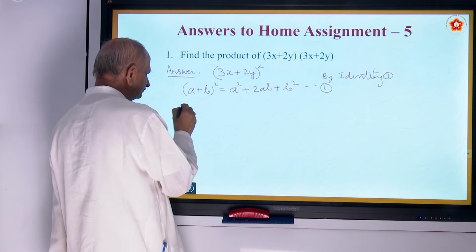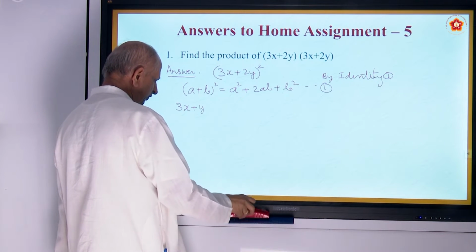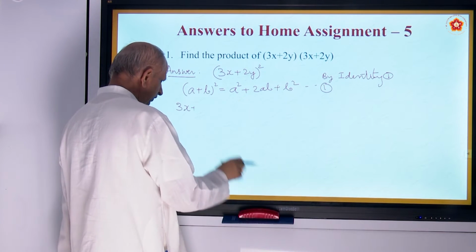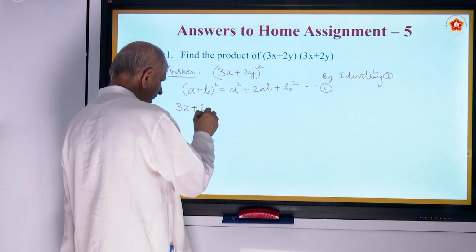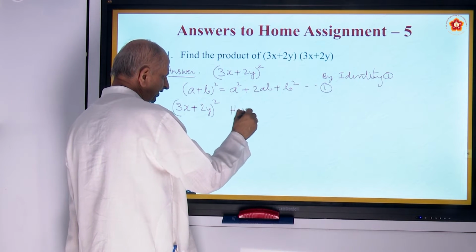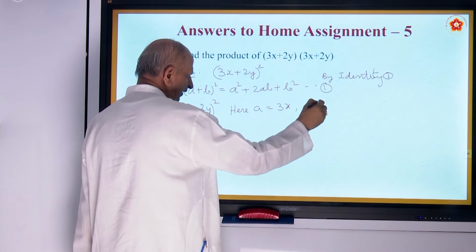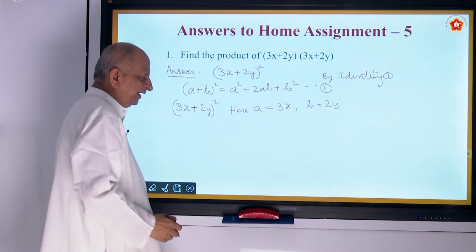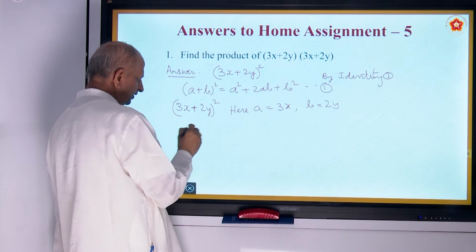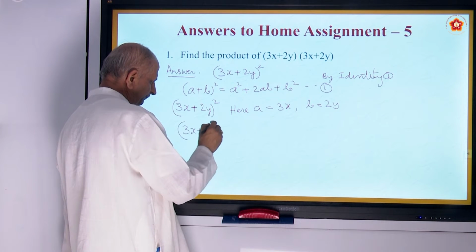Now come on. In the given expression, we have (3x plus 2y) whole square. So, what is a there? a is 3x. What is b? b is 2y. Applying in the given equation, we have (3x plus 2y) whole square.